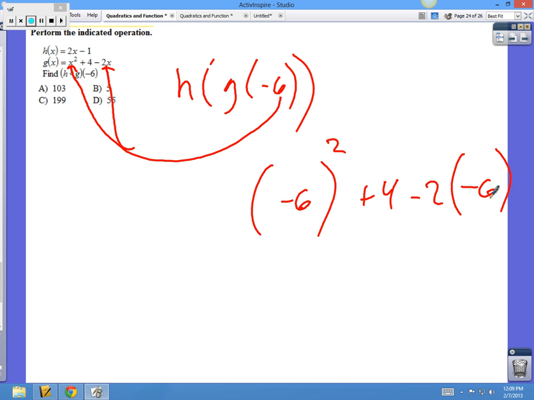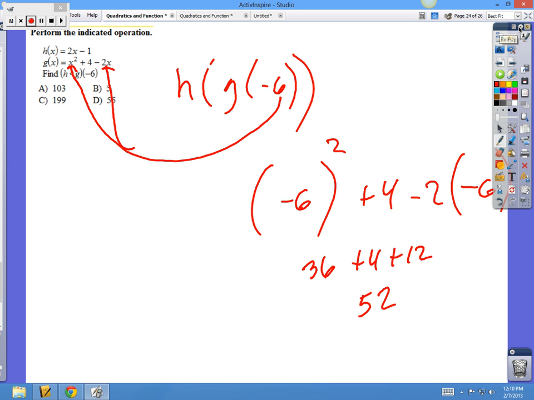So negative 6 squared is 36. Do your multiplication. A negative 2 times negative 6 is a positive 12, so you've got plus 4 plus 12. 36 and 4 is 40, so you're at 52. You've just found g of negative 6, that is 52.